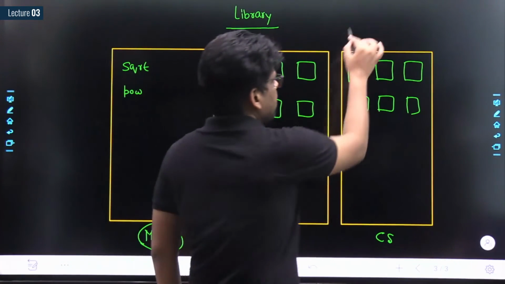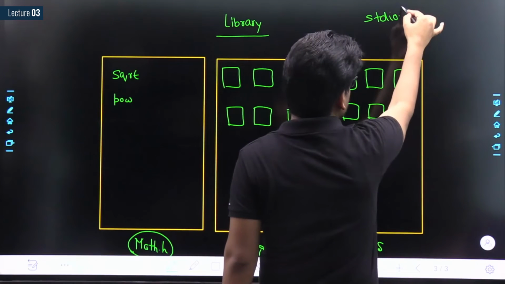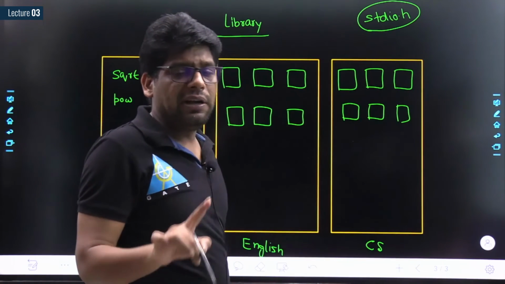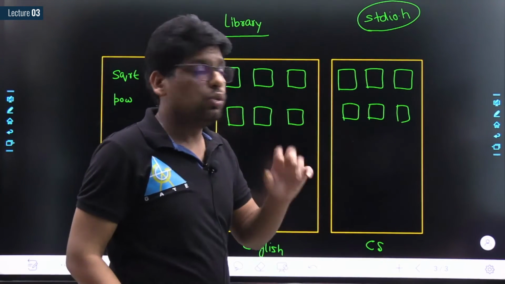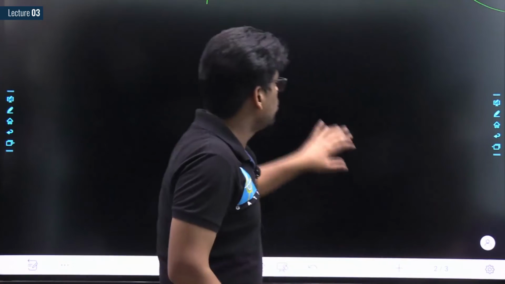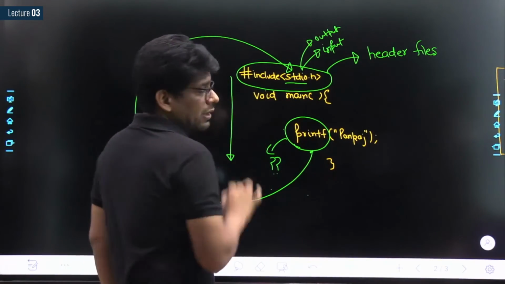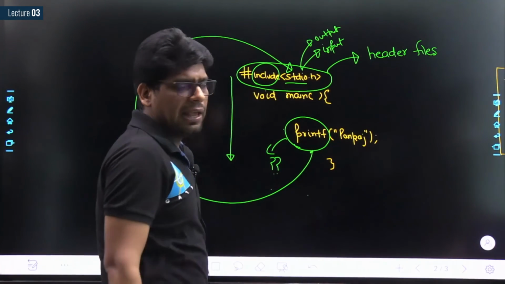Just like, sir, where is the information related to printf? stdio.h. If you are using printf, inside your program we need to use hash include stdio.h. Hash include means we are saying include the content of this file.